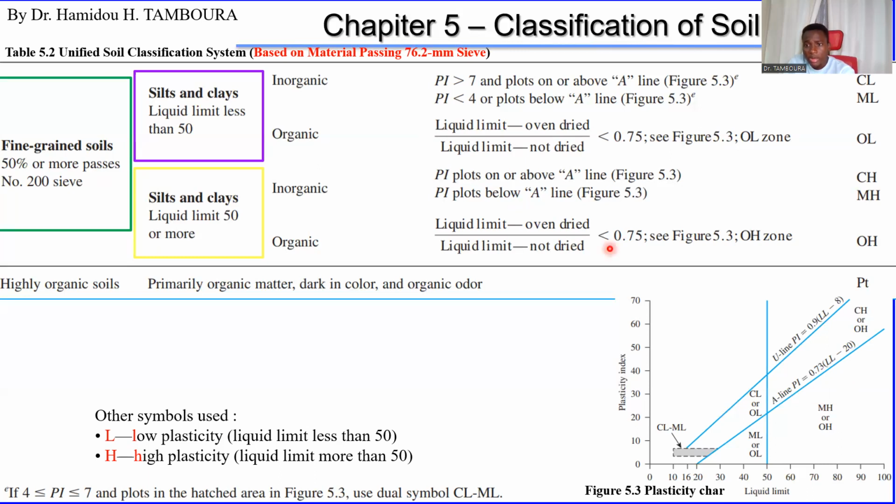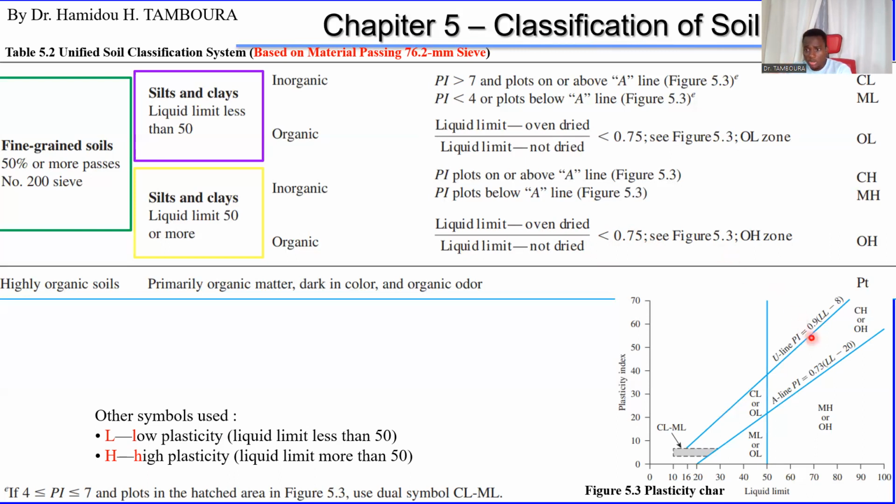Okay. Then for the organic soil that contains organic matter, if you do liquid limit oven dried over liquid limit not dried, and this gives you something less than 0.75, it means the amount of organic matter in soil is not negligible.